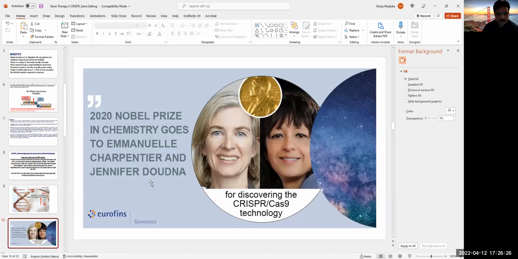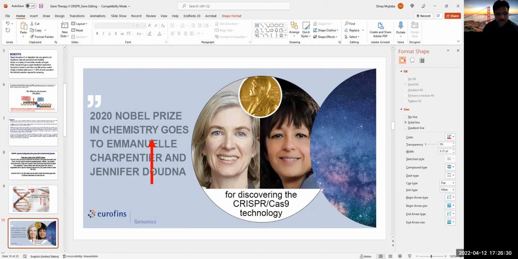And these two scientists, two ladies, got the Nobel Prize, the highest award in science, in 2020. They started working since 2012 or 11. I don't remember the precise date, you can check. And within 8 to 9 years of work, they got the Nobel Prize.